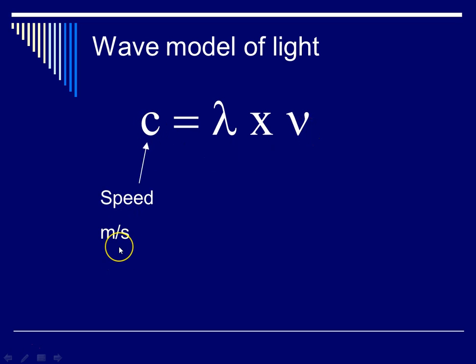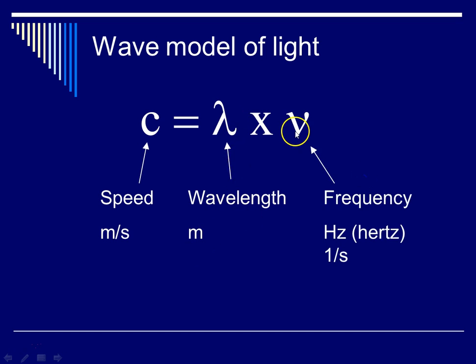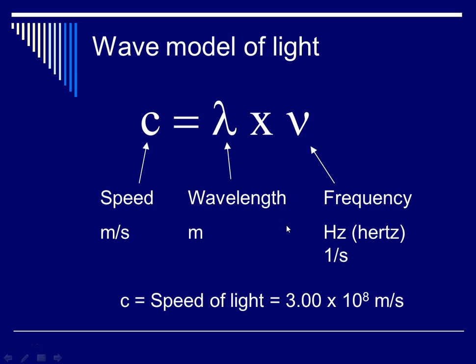So speed in meters per second is equal to wavelength expressed in the unit meters times frequency, which has the unit hertz, which is the same as 1/seconds or an inverse second, as the case may be. And c, the speed of light, is a constant. That means it's always the same, and that number is 3.00 times 10 to the 8th meters per second.